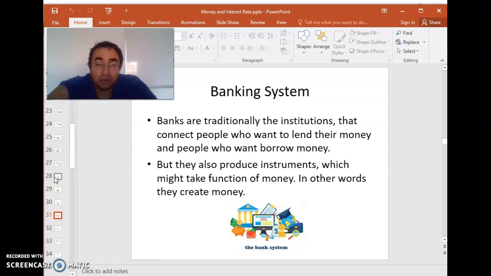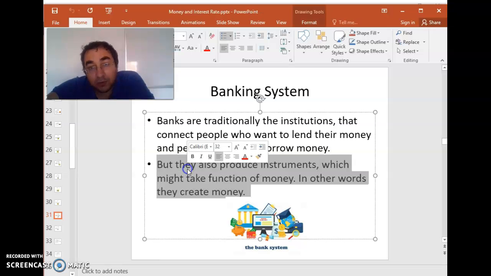Now we can start to look at the banking system. Basically, the banking system connects the people who want to lend money with those who need money, which might be the initial first function of the banks, like the temples, which acted like banks. But in time it also became the place where people put their money for safety, and maybe also earn some interest.